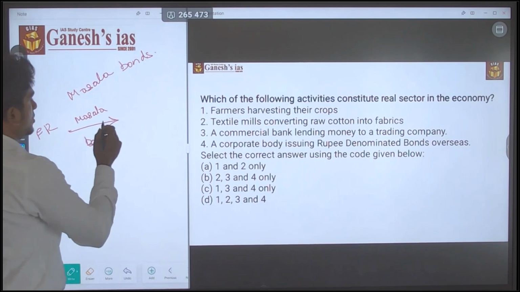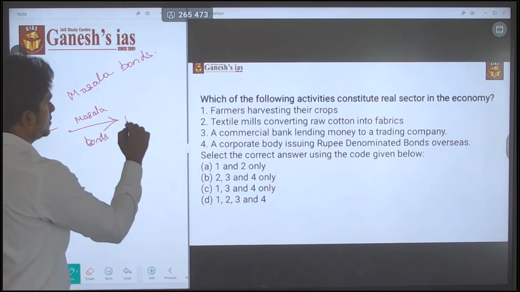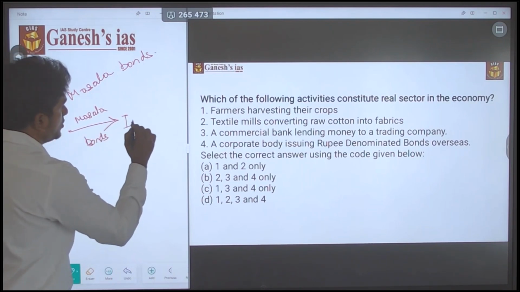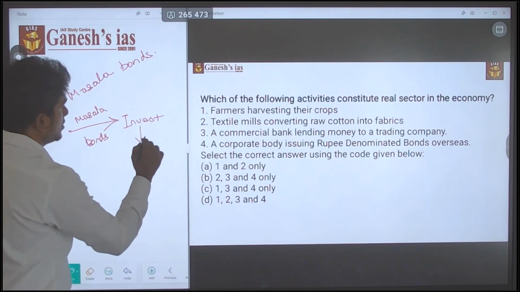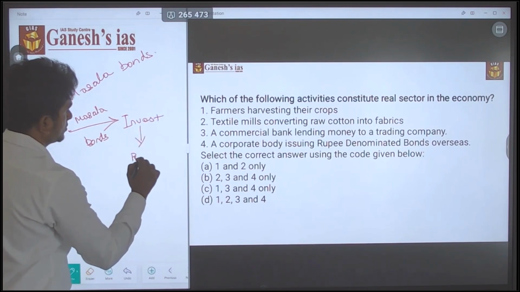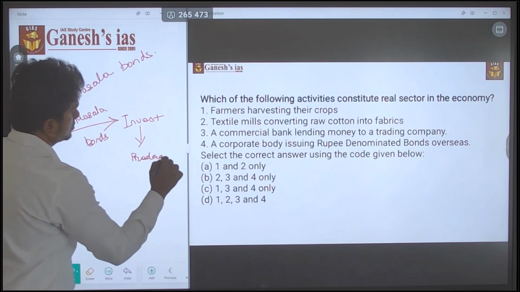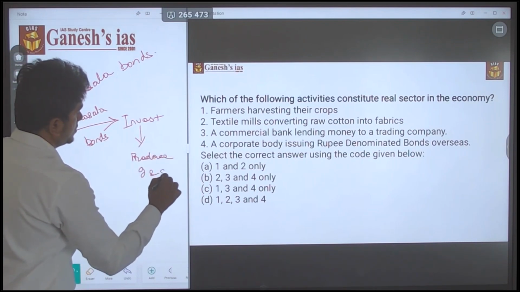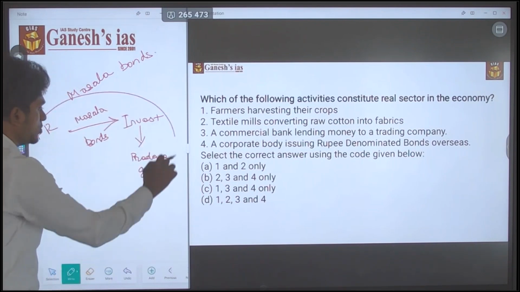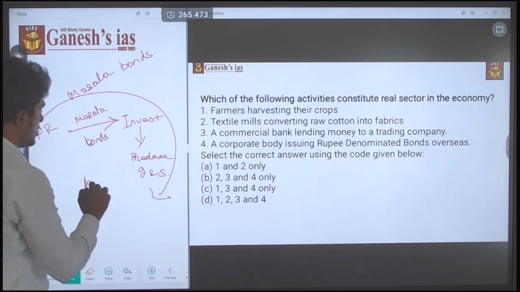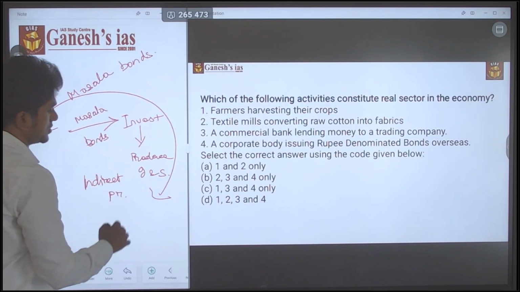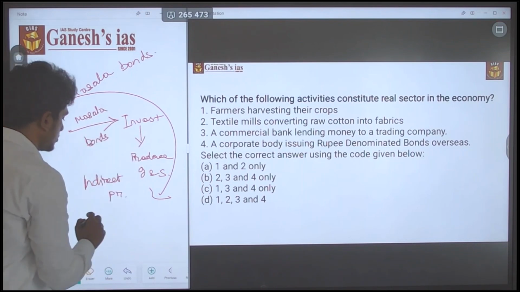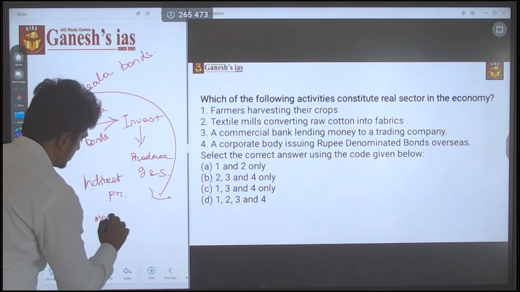They issue the masala bond and they get money. Then they are going to invest it in their factory, and by that they are going to produce certain goods and services. So this is also an indirect way of producing goods and services. So this is also called the monetary sector.